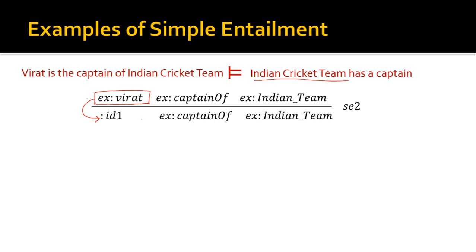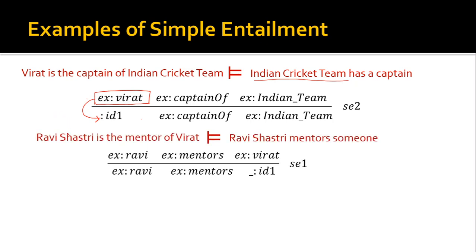Let's say we have another statement like this. Ravi Shastri is the mentor of Virat, and from this we can entail Ravi Shastri mentors someone, right? So here we have this statement as the antecedent, Ravi mentors Virat, and we are trying to weaken this entity.